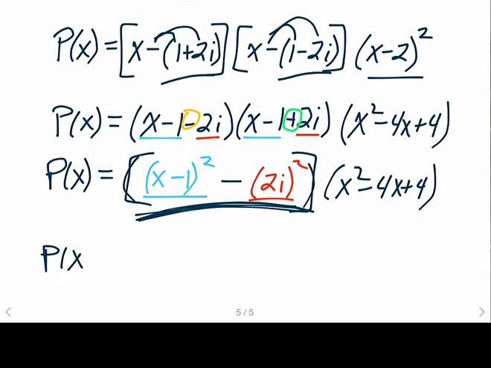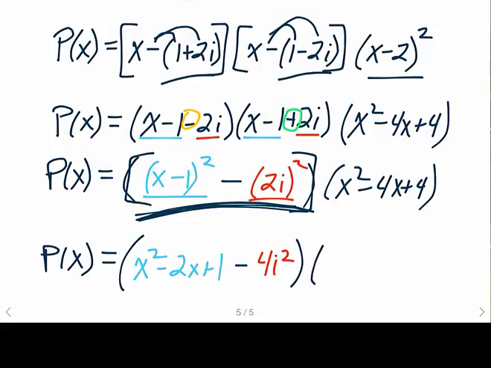Now, p of x is equal to, the x minus 1 quantity squared is going to be x squared minus 2x plus 1. And then we have a minus. That 2i quantity squared is going to be 4i squared. So x squared minus 2x plus 1 minus 4i squared times, again, x squared minus 4x plus 4.